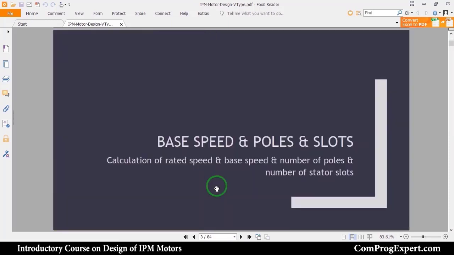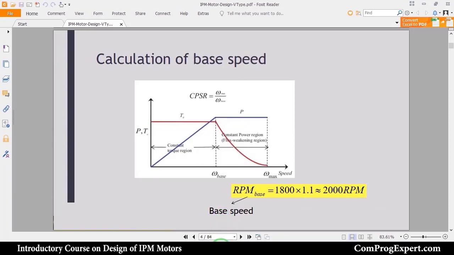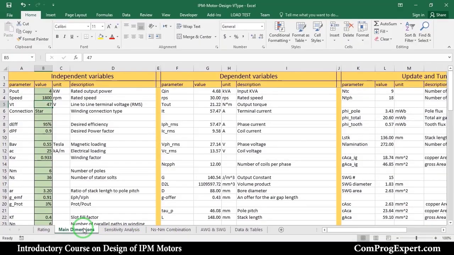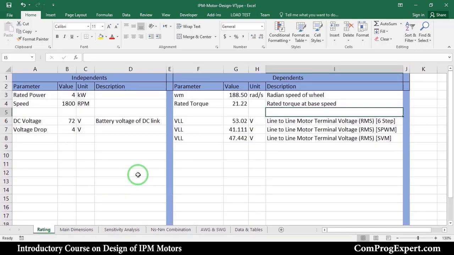For determination of main dimensions of the motor, as you can see in this Excel sheet, we need to consider output power, speed, and line-to-line terminal voltage. So how can we determine the steady state operating point?